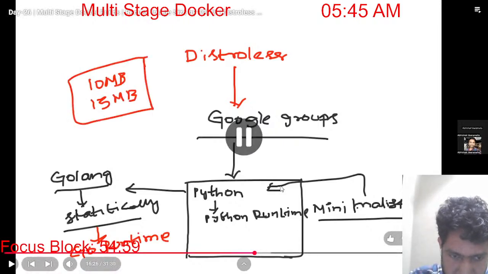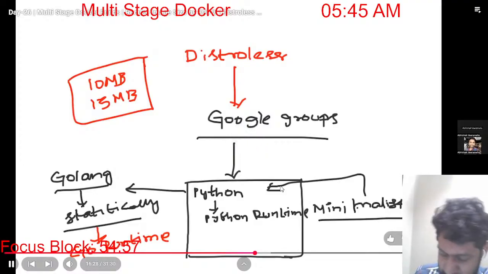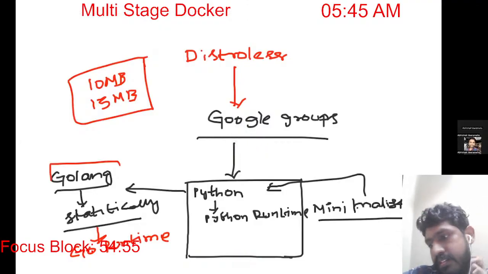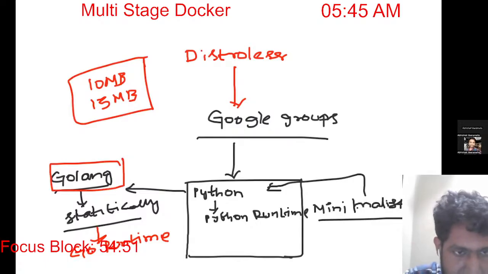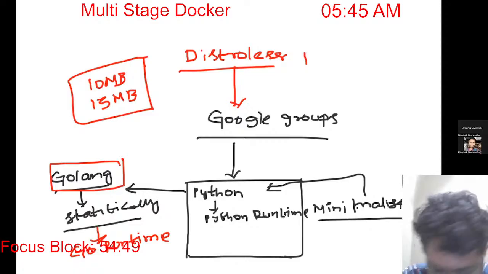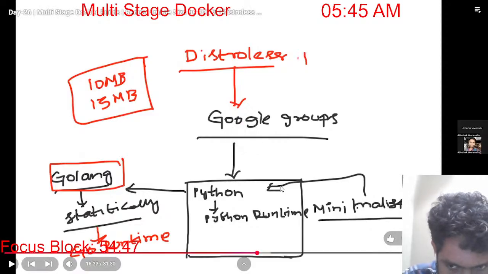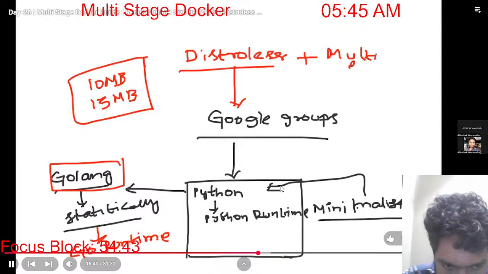The practical example that I'm going to show you is intentionally in the Go language, because I want to show you the advantage of distroless images plus multi-stage Docker build. So what is a distroless image?